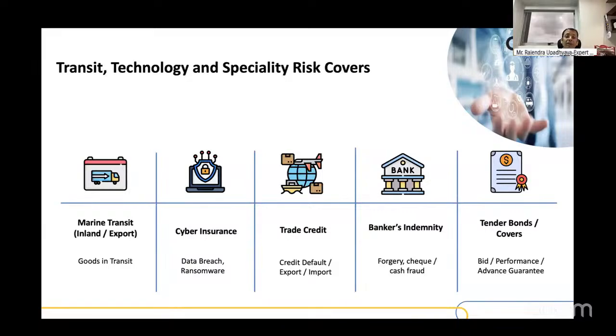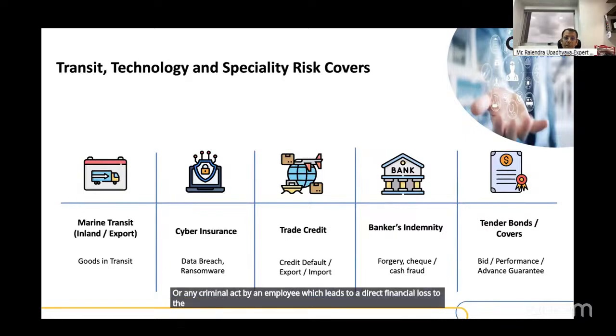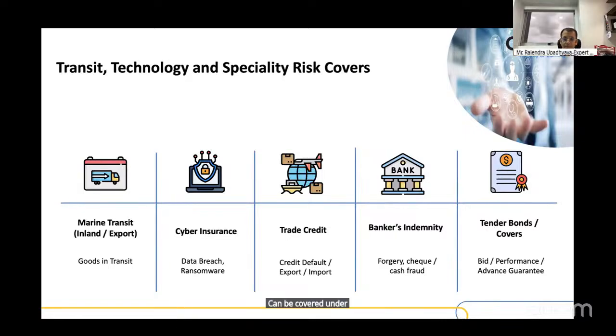One thing which is not written here is a commercial crime policy. Commercial crime is also one of the very important covers, which covers any sort of wrongdoing, let's say any dishonest act by an employee or any criminal act by an employee which leads to a direct financial loss to the company can be covered under a crime policy.